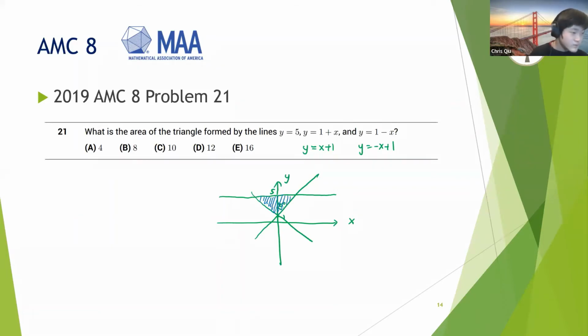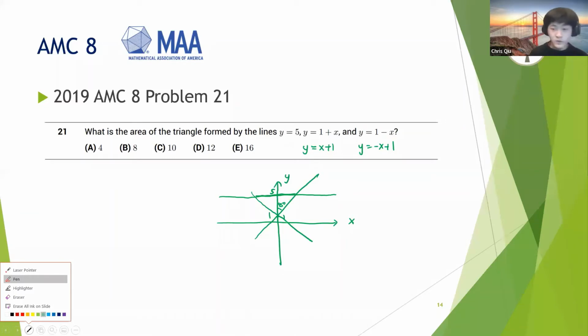So if we let this be its base, we can notice that the base has side length 8. Yes, it is isosceles because it's actually a right isosceles triangle, because these 2 lines that go through this common point at (0, 1) have slopes 1 and negative 1.